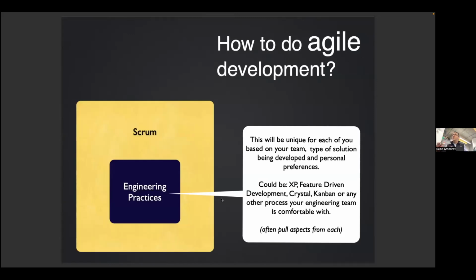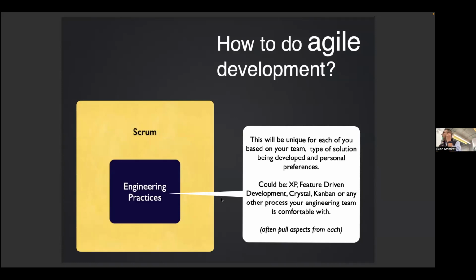If the engineering practice is Agile, and there are lots of different Agile engineering practices, one of the things we found is that Scrum, and frankly even a light version of Scrum, becomes a really helpful wrapper to get the visibility in.